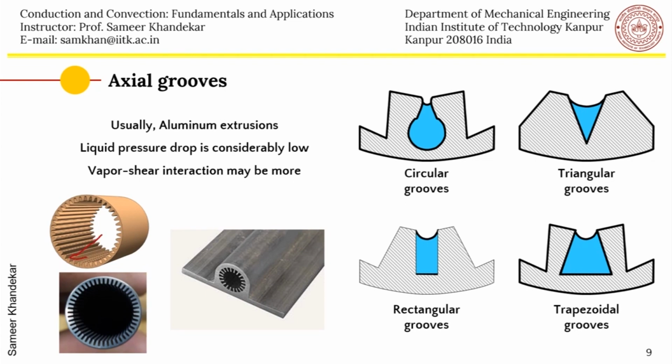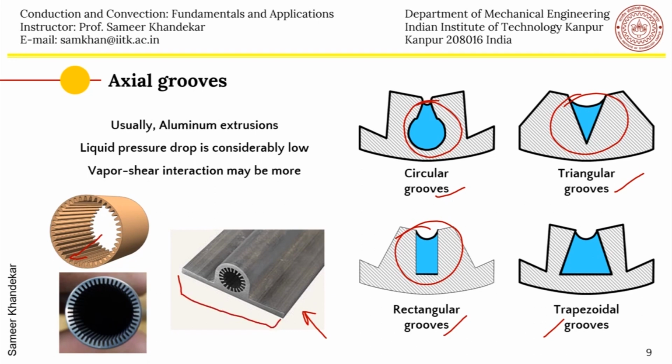And there is usually a saddle on which you can mount the electronic component. For example, a microprocessor can be attached at the bottom here, and then the heat has to travel through this attachment towards the inside of the heat pipe, and the vaporization will take place from this interface.